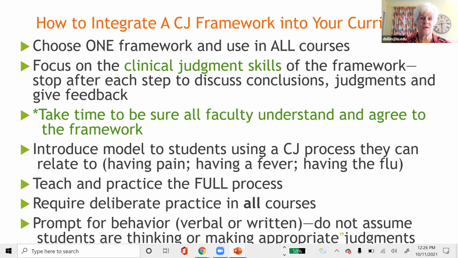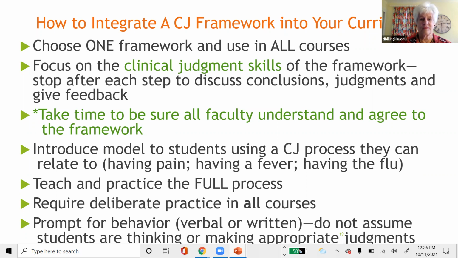If you spend some time thinking this through, you've got your accreditation report all written for you. So try not to think of this as something way out of the scope of what you're doing every day. Make sure all the faculty understand and know how to use it.